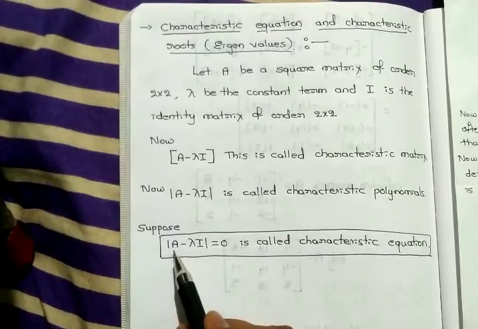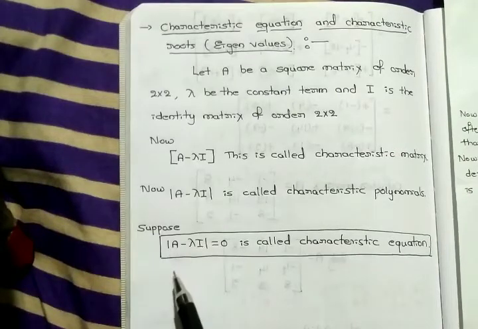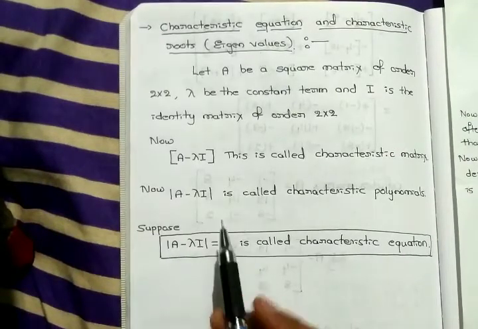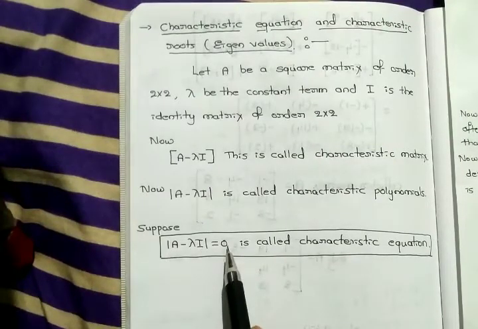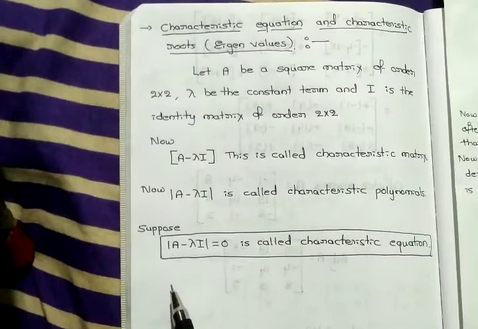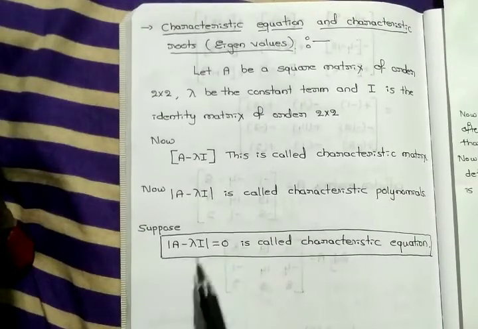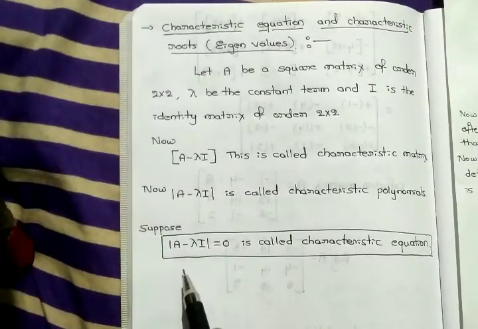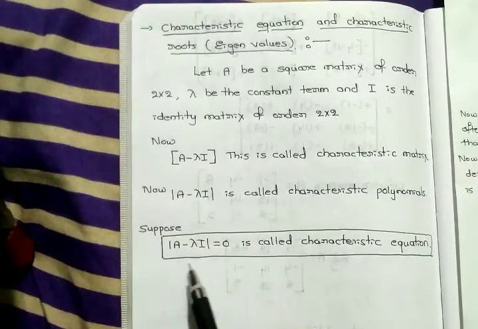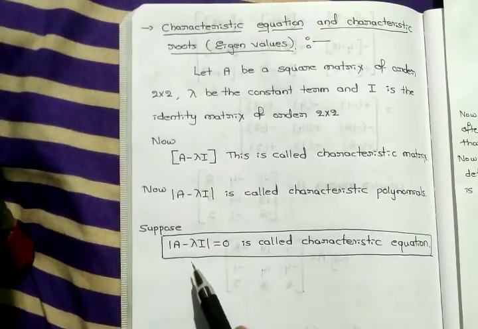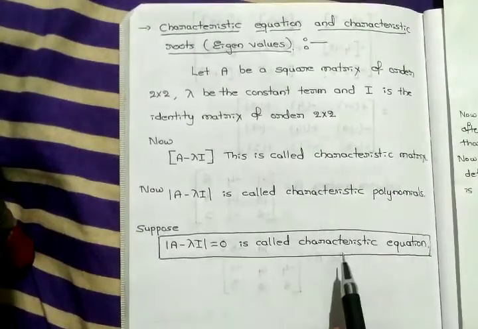If our matrix is of order 2 cross 2, then after simplification we get a quadratic equation. You know a quadratic equation is of the form ax square plus bx plus c equals to 0. That quadratic equation is called the characteristic equation.